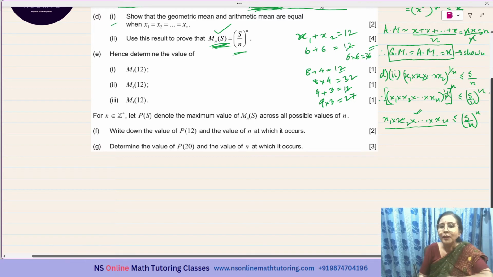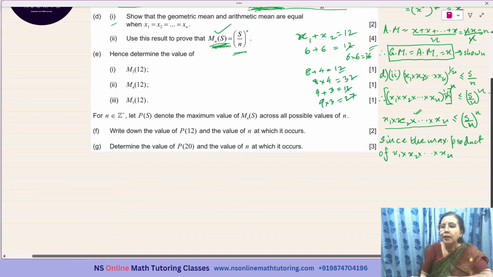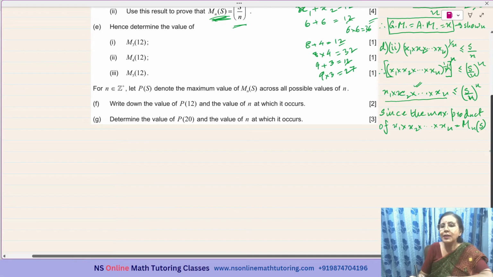Okay, so therefore, since the maximum product of x1 times x2 times dot dot dot times xn is equal to Mn of s, obviously, the sum total of these numbers is s.